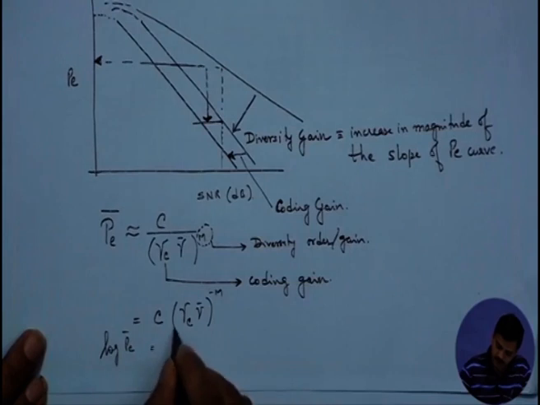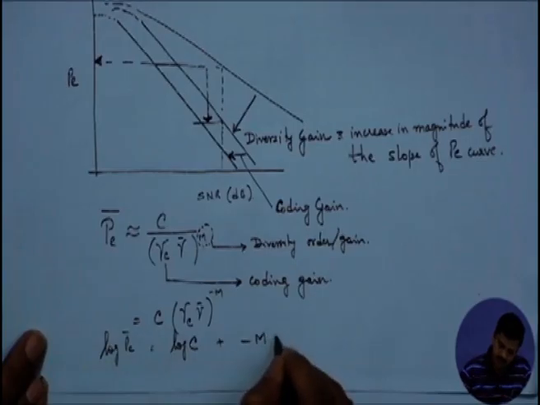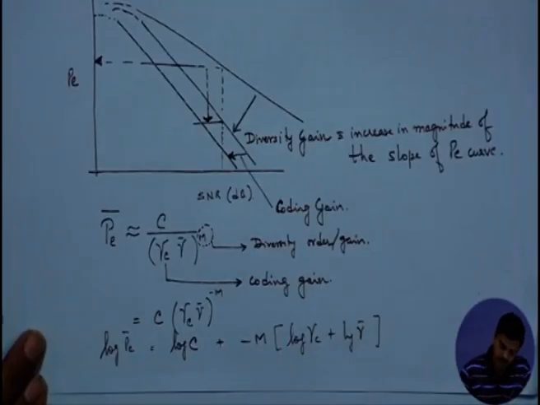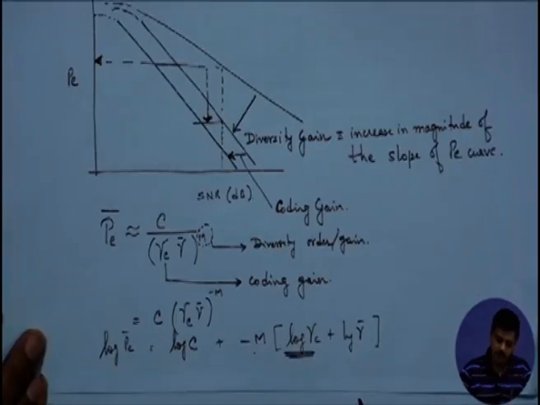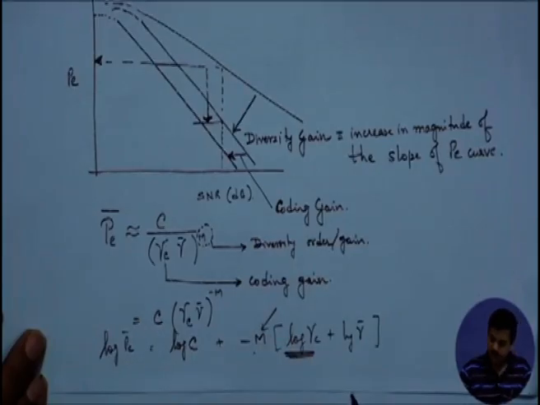This would be some logarithm of C, some constant term, plus minus m times log of gamma bar, plus log of gamma c. So clearly what we can see is that there is this left shift because of this, and this is causing the additional decrease in probability of error. So clearly you can also understand it in these terms.